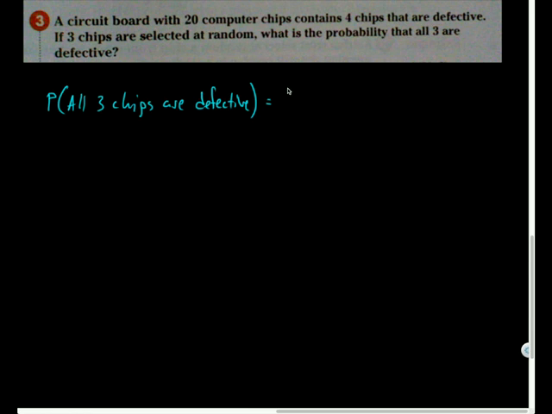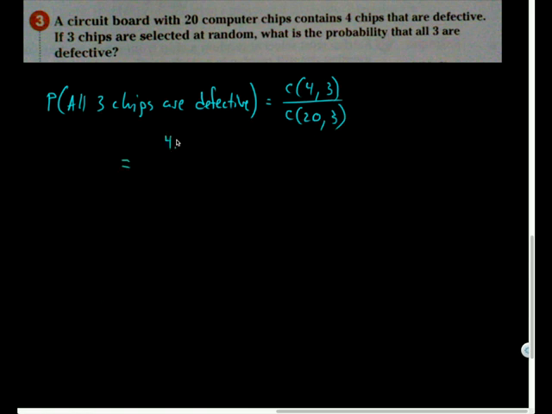So my numerator, how many chips are defective? There are 4, and I'm choosing 3 of them, right? So combo 4, 3 would be the numerator. And my denominator, how many chips are there total? There are 20. And I'm choosing 3 of them. So I could figure this out.